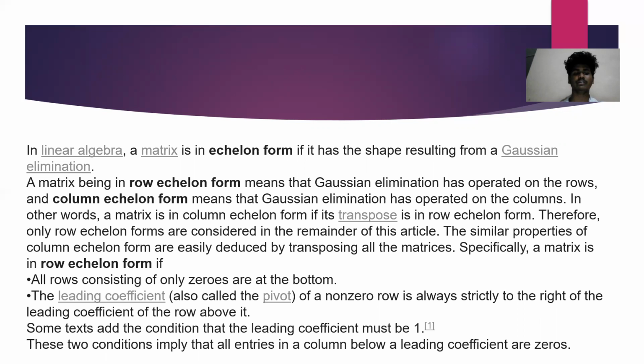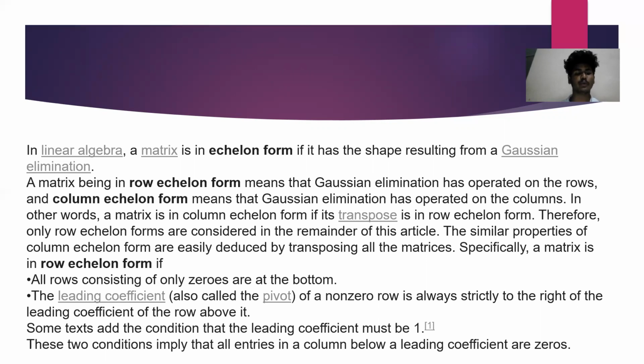In other words, a matrix is in column echelon form if its transpose is in row echelon form. Therefore, only row echelon forms are considered in the remainder of this article. Similar properties of column echelon form are easily deduced by transposing all the matrices.